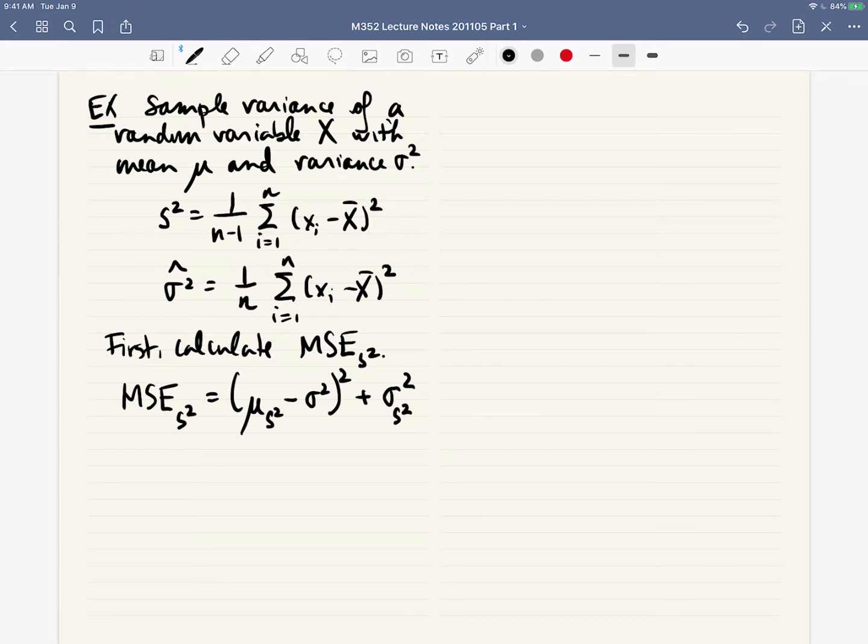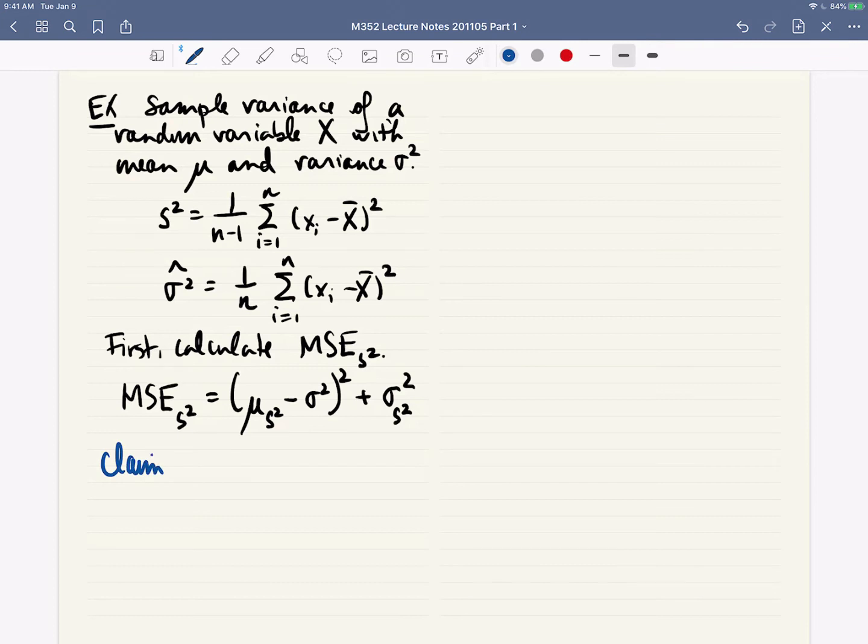So this is what we've got to calculate. We've got to calculate two things: the mean of our estimator, and the variance of our estimator. Good news, we're not going to grunge through that.